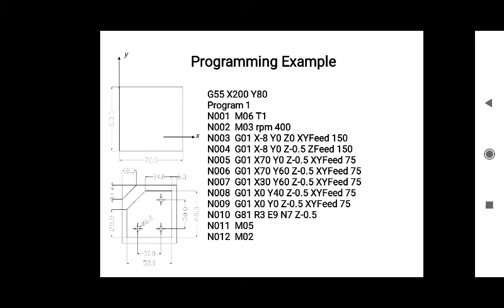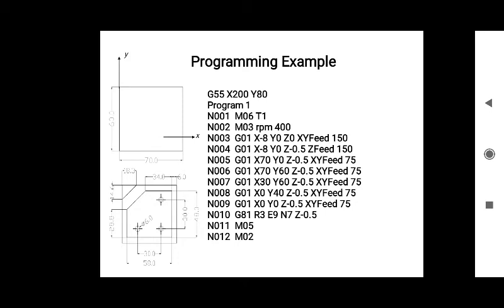Now as we know our cutter is here, and the cutting operation with the help of the end mill cutter is performed, so here our program is over. That's why we have used the M02 at the end, that means the end of program for the milling operation.